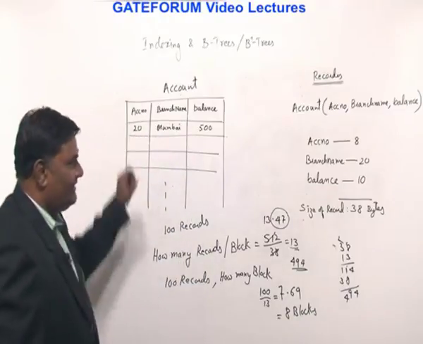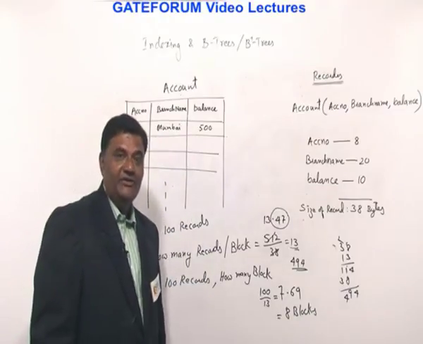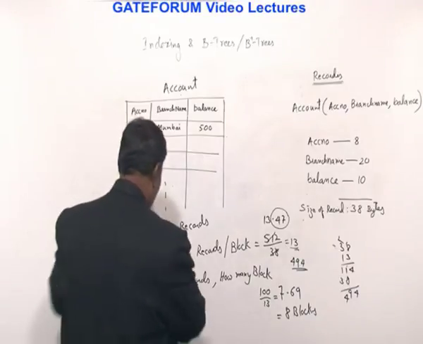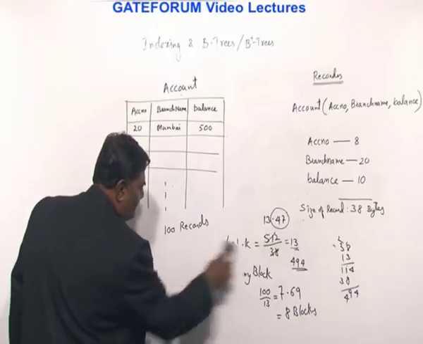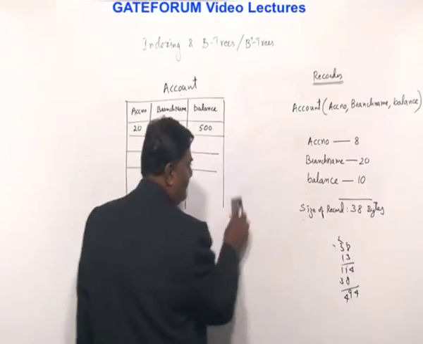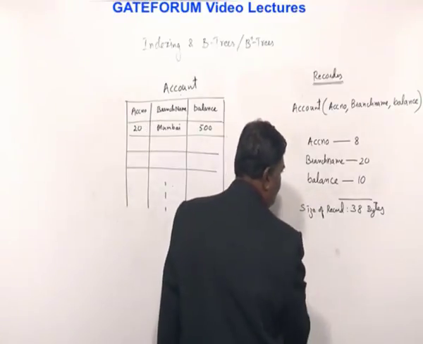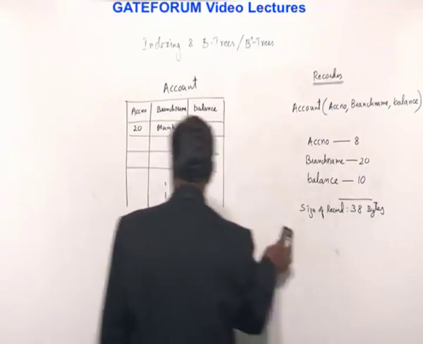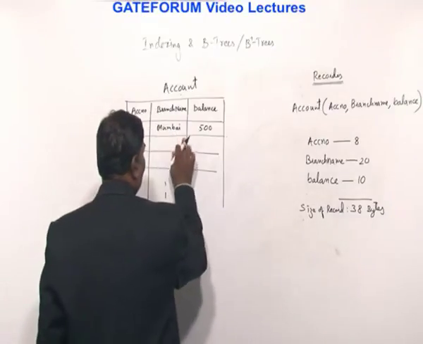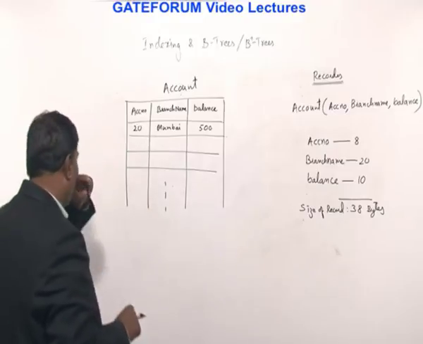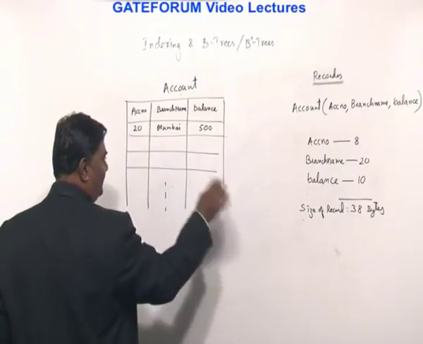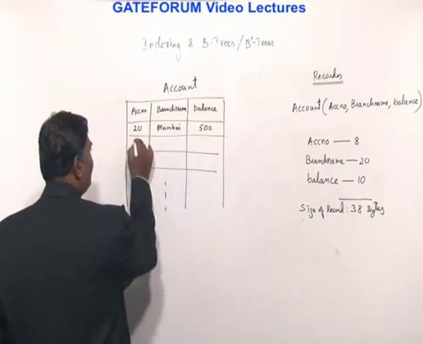So this entire table can be stored in 8 blocks. Now let us move ahead to the next. And that's all about the blocks and the records.